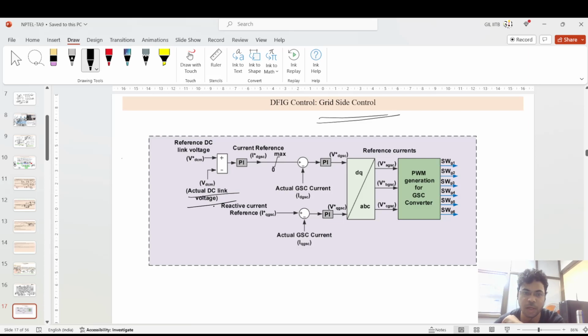Second, this is the grid side control. In grid side control, you need the DC link voltage to be at a constant level, and second, the grid side current should be at a constant level.